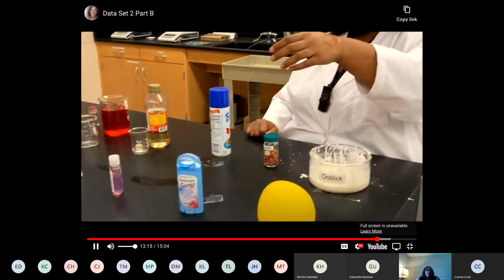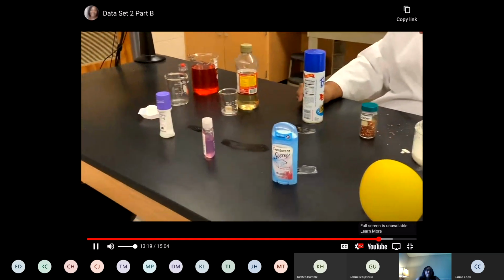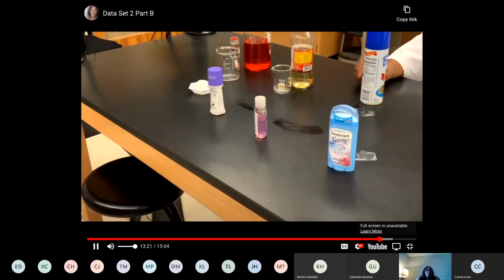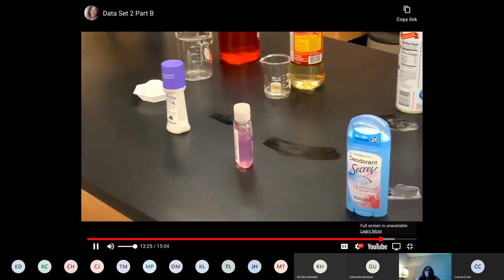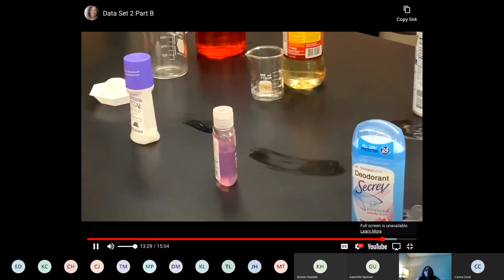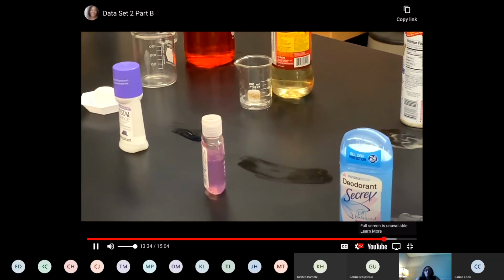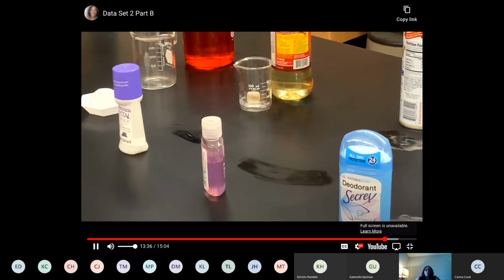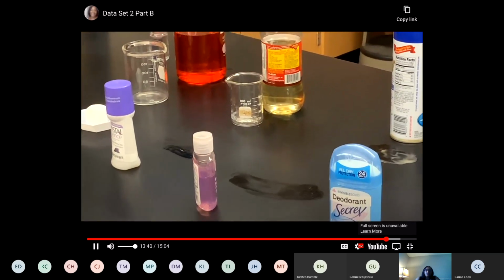And take a look at the antiperspirant as well. And then what about the Baker's Joy and the Secret deodorant? Do you notice any of it evaporating over time? If so, that means they contain volatile components, meaning that they convert easily from a liquid to a gas at room temperature.